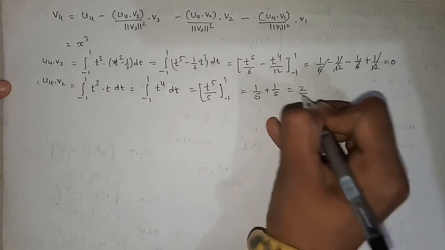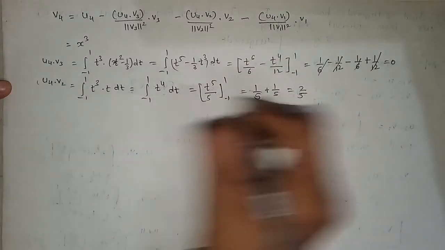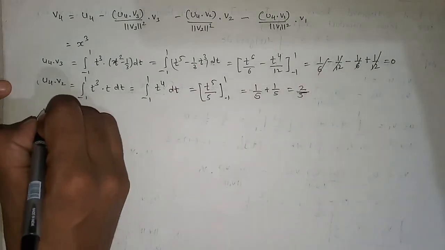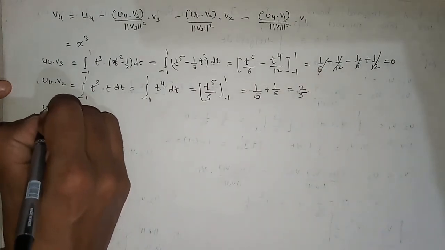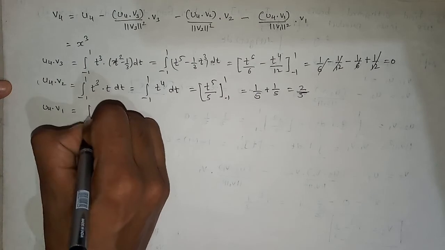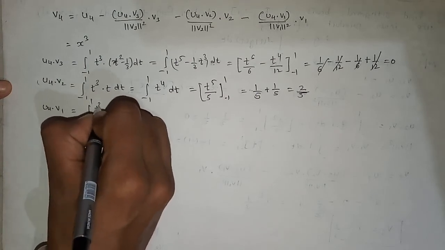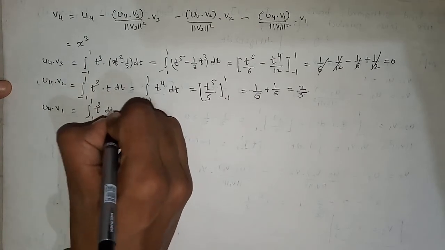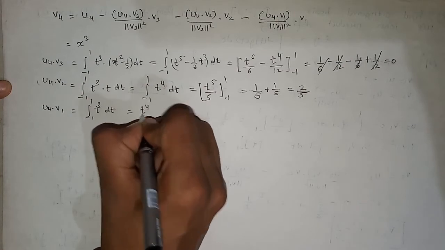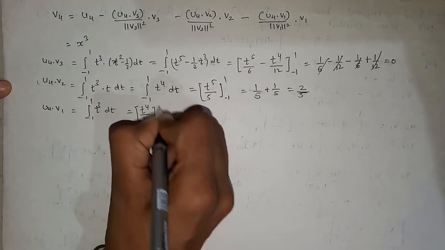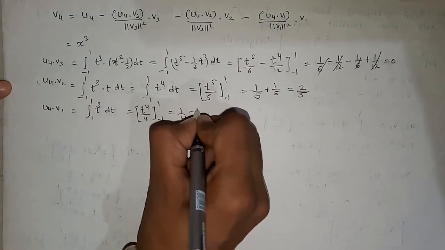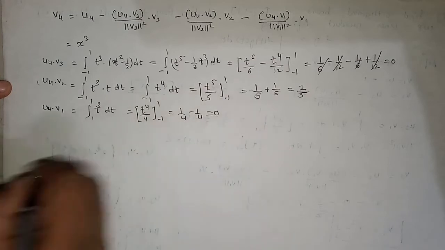So this is 2 by 5. Now u4 dot v1. So integration from minus 1 to 1, t cube, v1 is 1, dt. So this becomes t raised to 4 by 4, from minus 1 to 1. So 1 by 4 minus 1 by 4, this becomes 0.